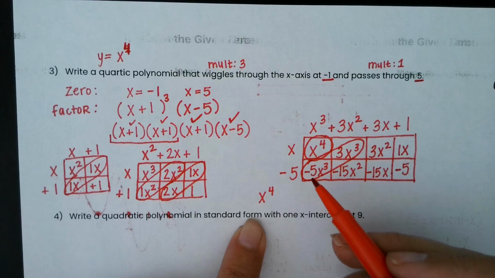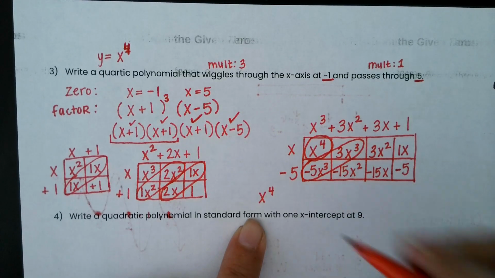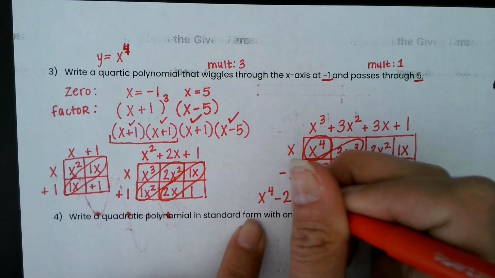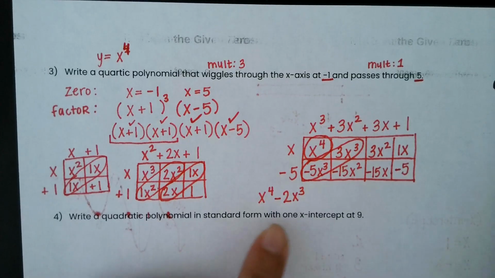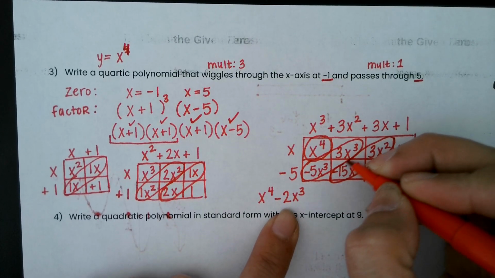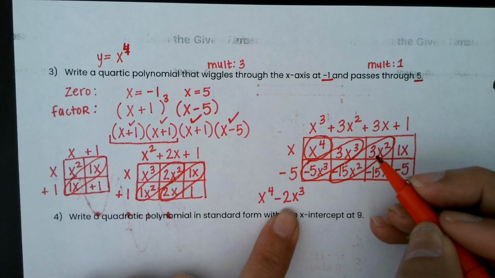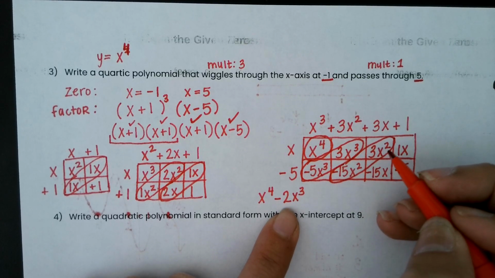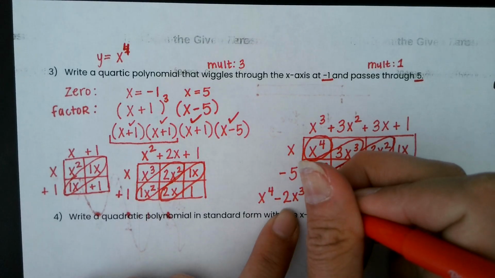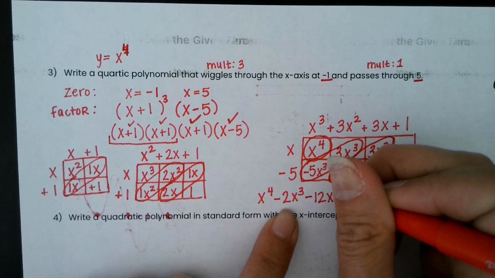Yeah, exactly. Okay, so negative 5 and positive 3 is negative 2. Negative 2x to the third. Then negative 15 and positive 3 is going to be negative 12x squared.